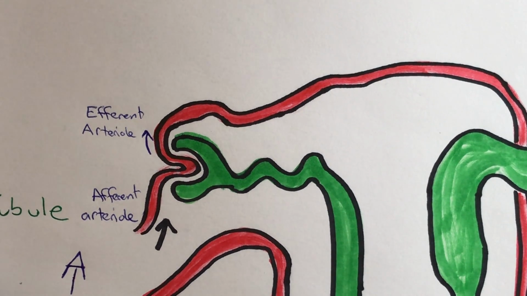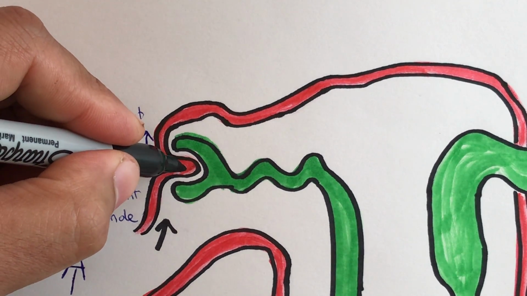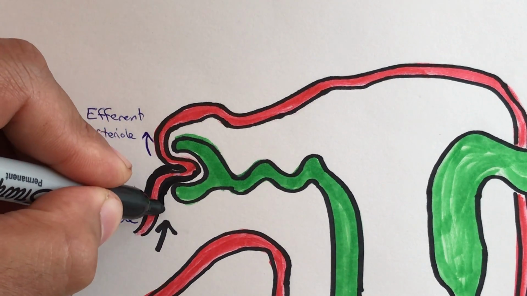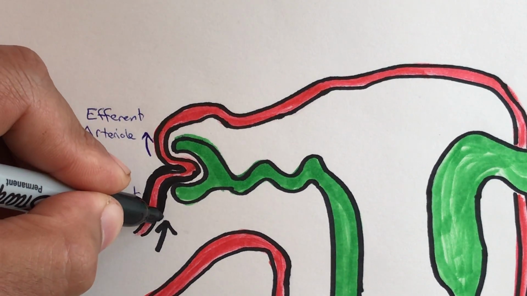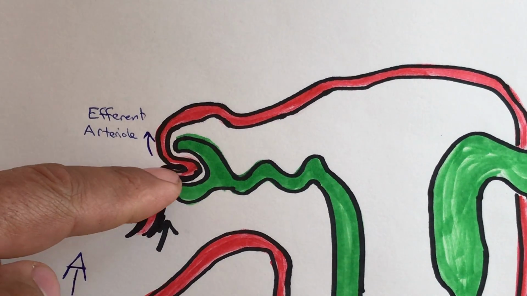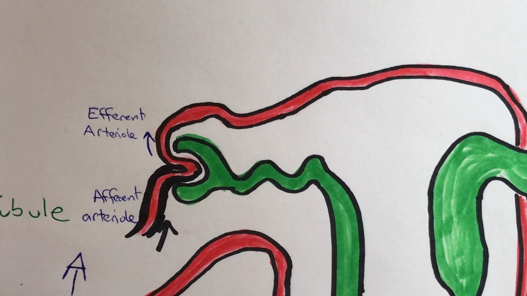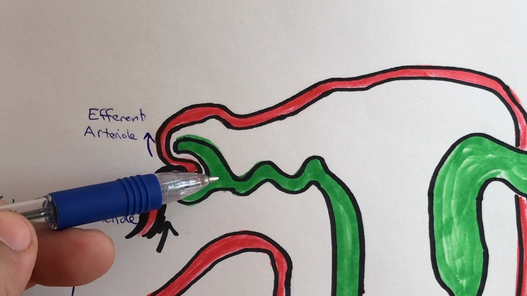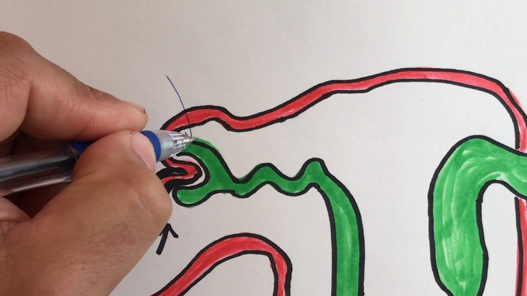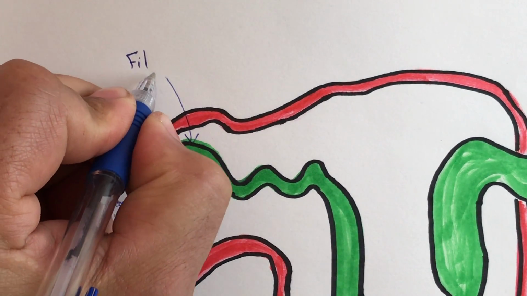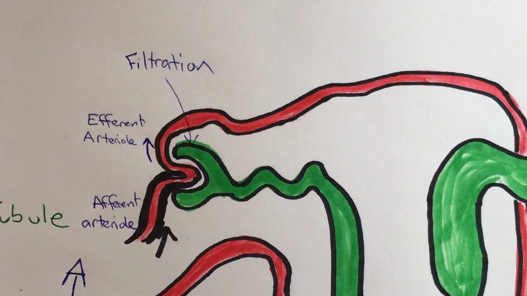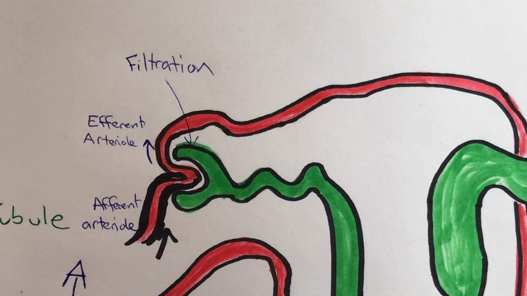And what that does is it causes pressure. There's more blood coming in, and there's less blood coming out. And that causes pressure right here, and it forces some blood to filter through. This occurs through the process called filtration. Filtration occurs at the renal corpuscle.